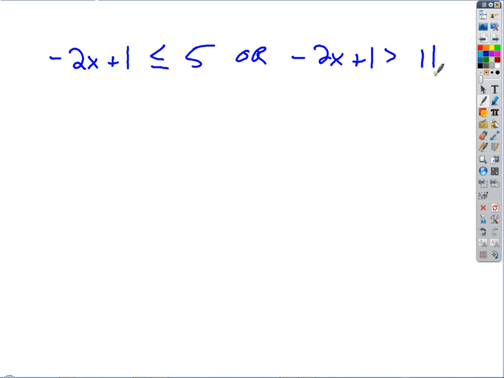Okay, that's also a compound inequality. But this is an OR inequality, so technically we call this a disjunctive, because it uses the word OR. Okay? Now these kind are a little different. These kind, we just have to do both of them separately. And our answer is going to include both parts.